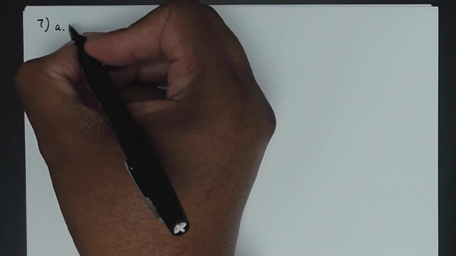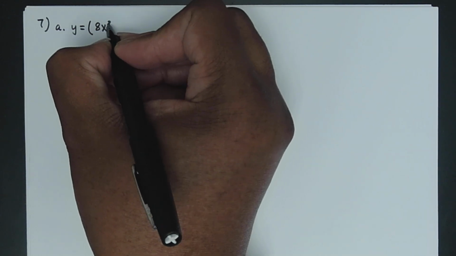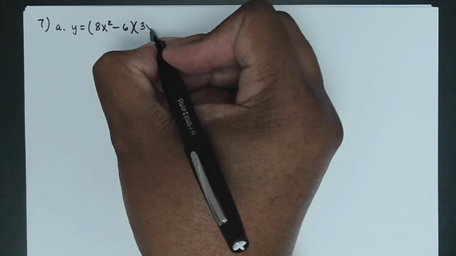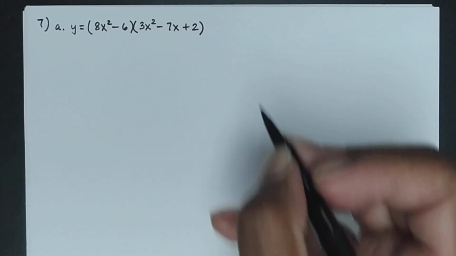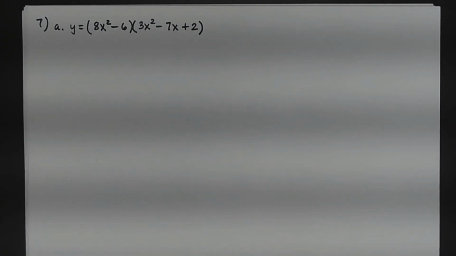So in 7A, we got this. y is equal to 8x squared minus 6 times 3x squared minus 7x plus 2. In this one, we must use the product rule to take this derivative.